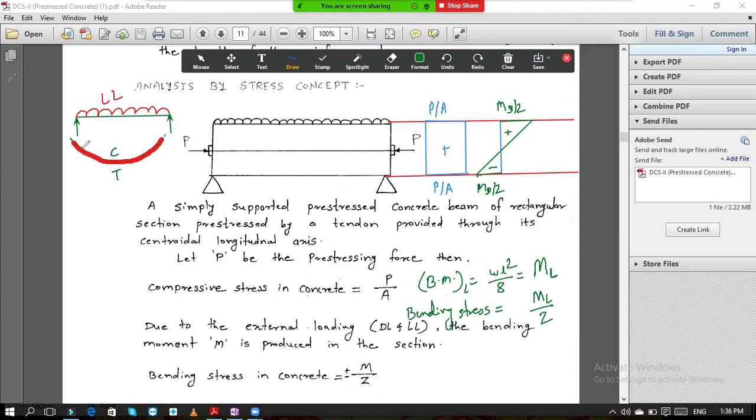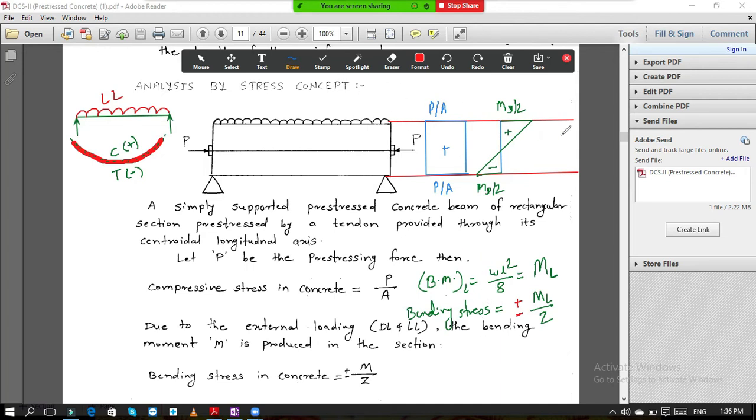Okay. So the members above the neutral axis are subjected to compression, members below the neutral axis are subjected to tension. So for compression we take it as positive, for tension the sign is negative. So here if I give the sign, plus is at top, minus is at bottom.